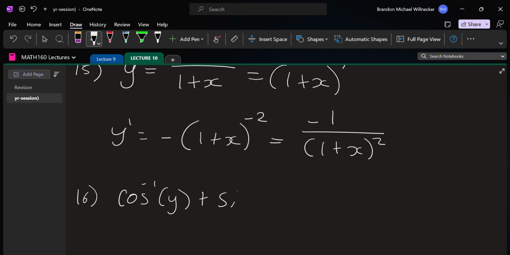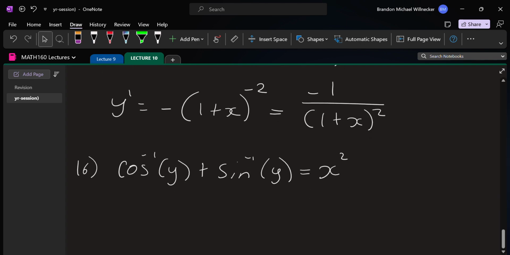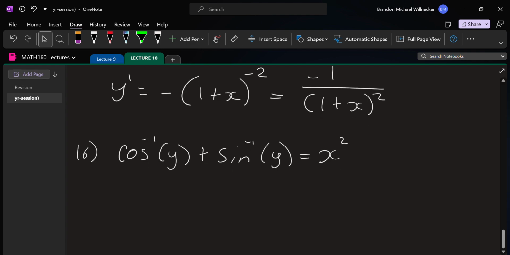Okay, 16. So here we have cos inverse of y plus sine inverse of y is equal to x squared. Again, like we had for number 8, the y's are mixed in with the equation.